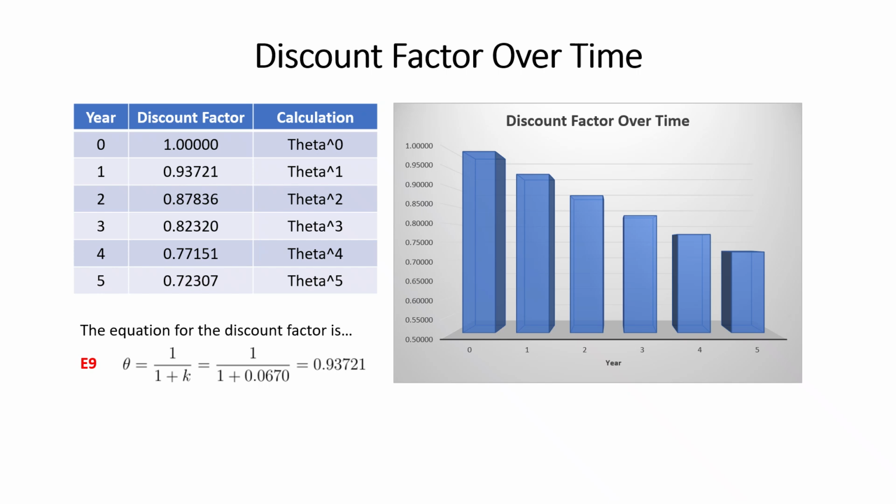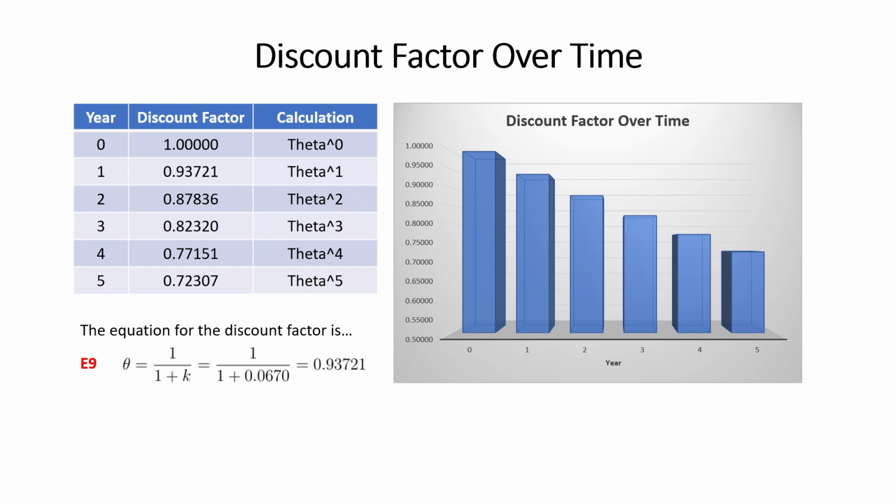So what does this mean? This means that if we look at the table to the left, we're going to go from year 0 to year 5, and that's the term of our bond. And the discount factor is in that second column. If I'm currently sitting at time 0 and I receive $1 immediately, what would I pay for that dollar? Well, obviously I would pay a dollar for that. So our discount factor would be 1, which is theta to the 0 power.